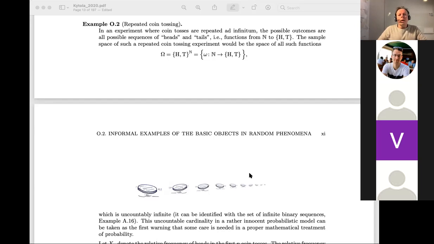So if you think about repeated coin tossing, things become something where we cannot anymore work with the power sets and finite spaces. So the sample space is now the set of infinite sequences.